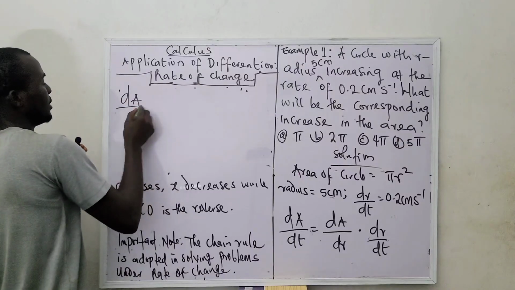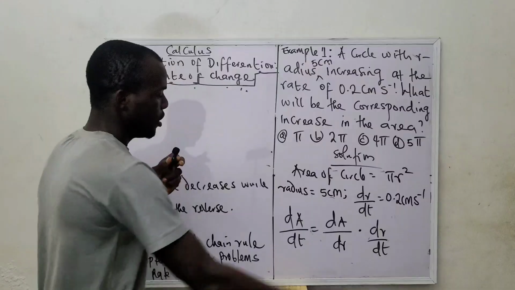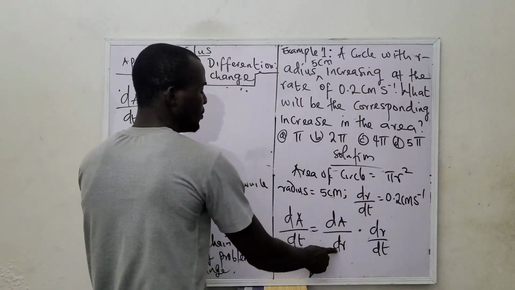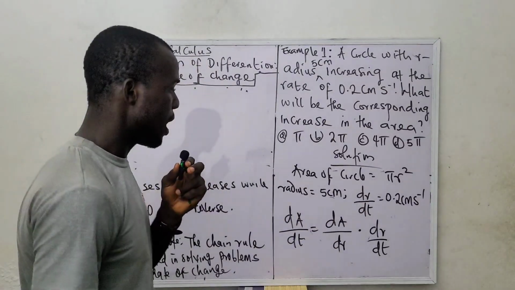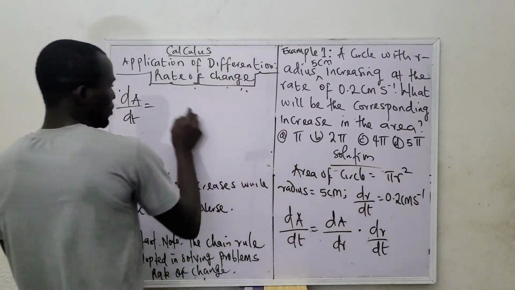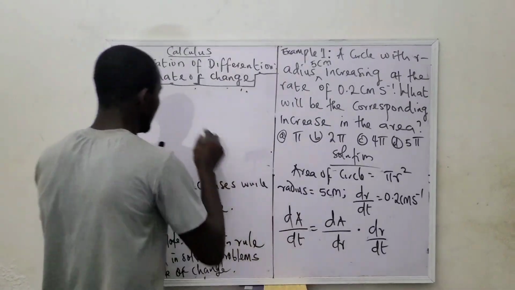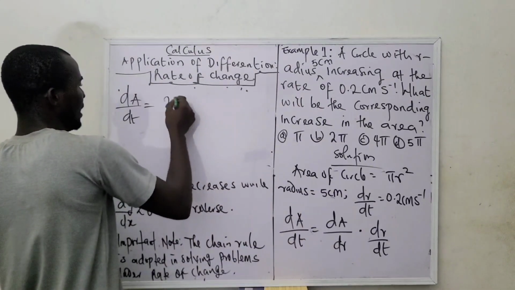dA over dt. What is dA over dr? You are looking at this and you are differentiating it with respect to r. Your pi is a constant, 22 over 7, if it is given that way. So the derivative will be 2 pi r.